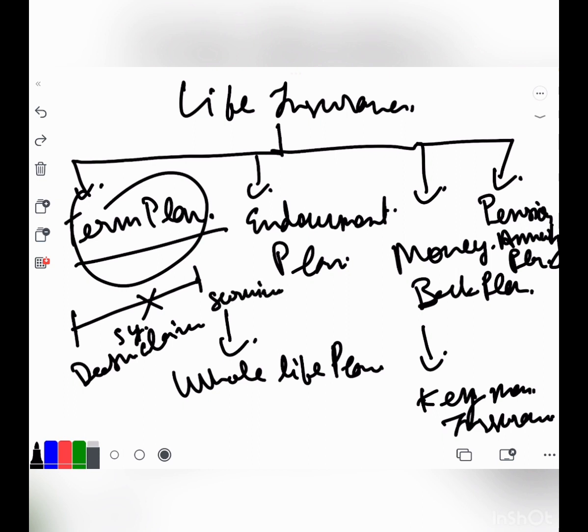Survival claim or maturity is not there in a term plan. Because the benefit is only because of death, a term plan is very cheap, or low priced.